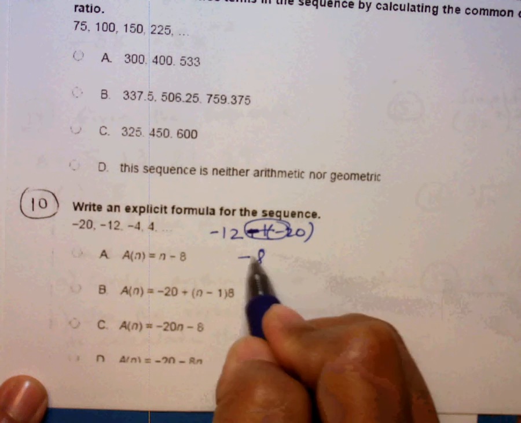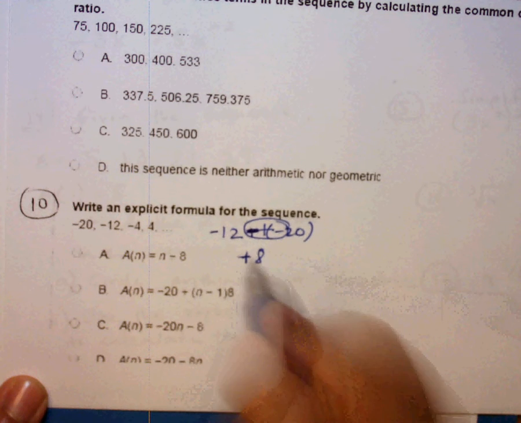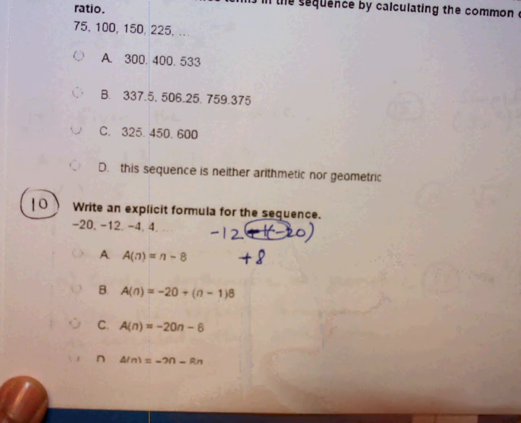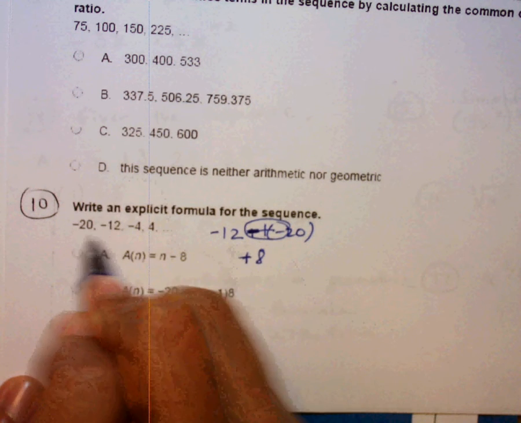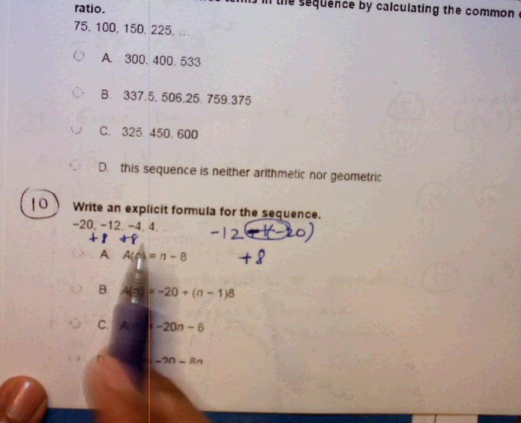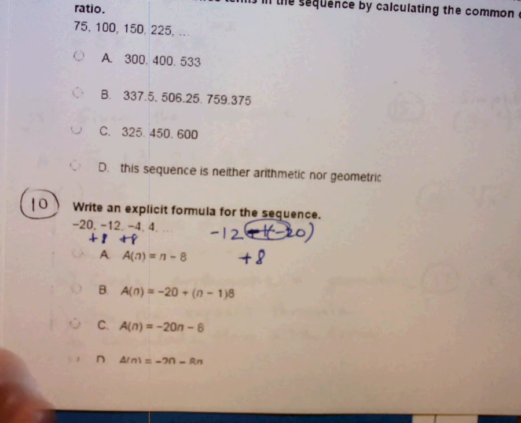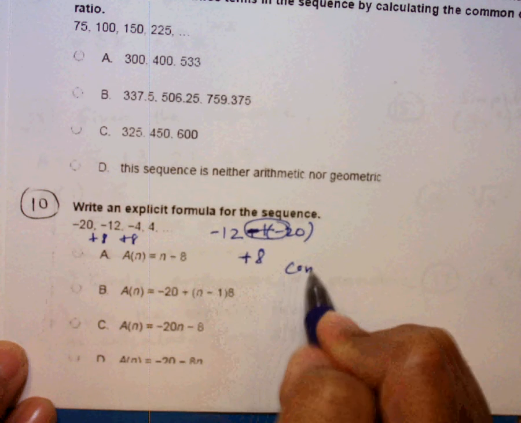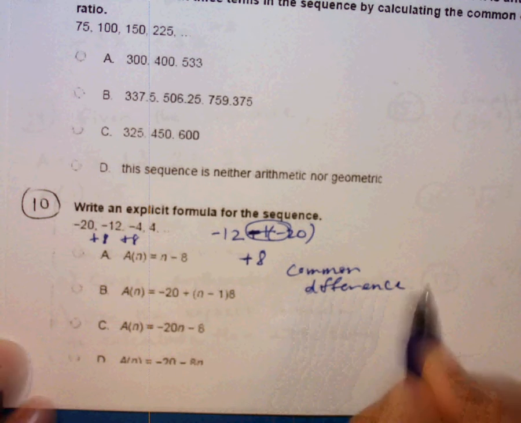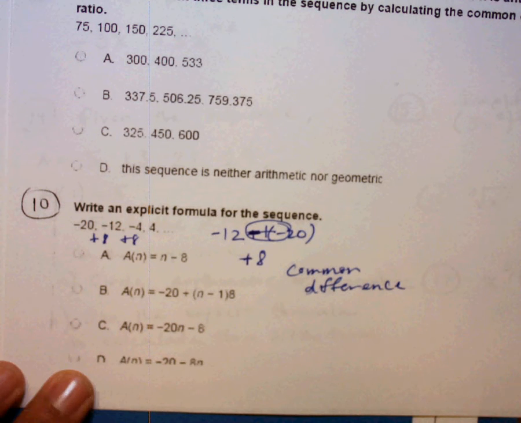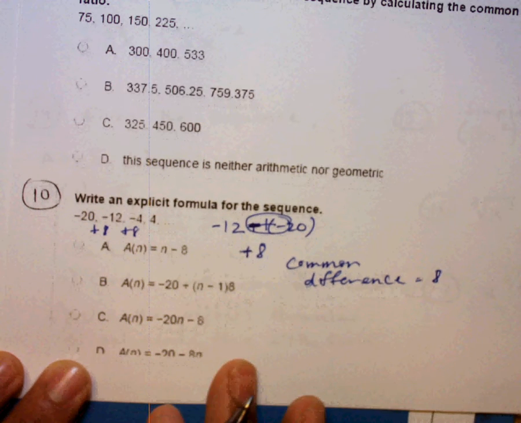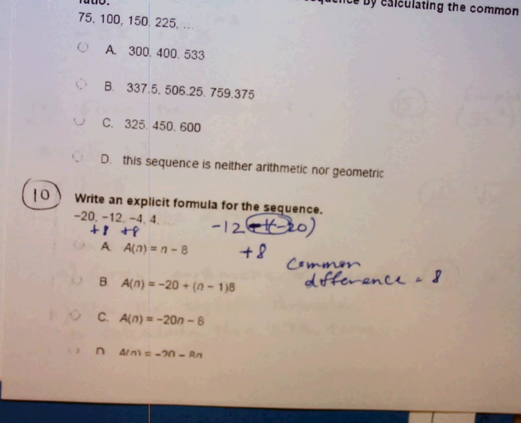Negative 12 plus 20 is, actually, positive 8, excuse me, because the bigger number, 20, is positive. So this becomes plus 8, and that is going to be my common difference. So that's 8.